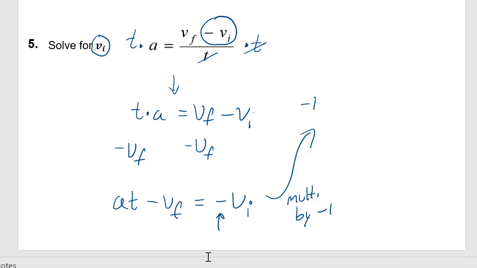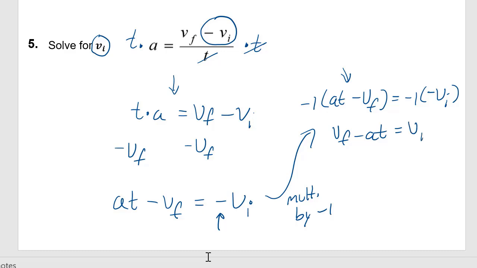So we have -1 times (AT minus VF) equals -1 times negative VI, and the signs just change inside the brackets. So VF will be positive and AT will be negative, and this will give us VI.